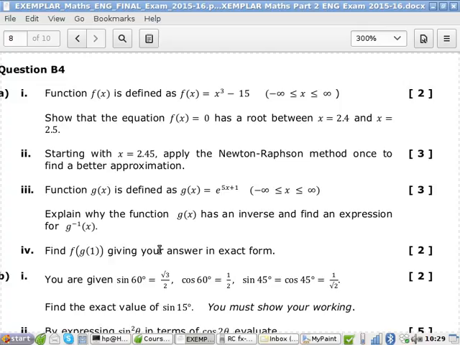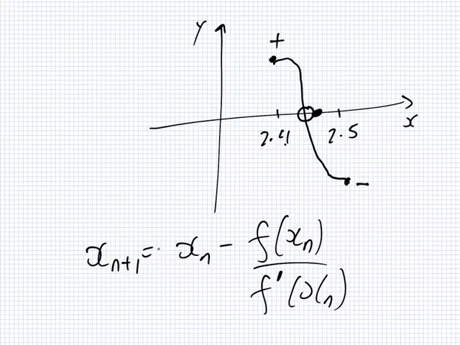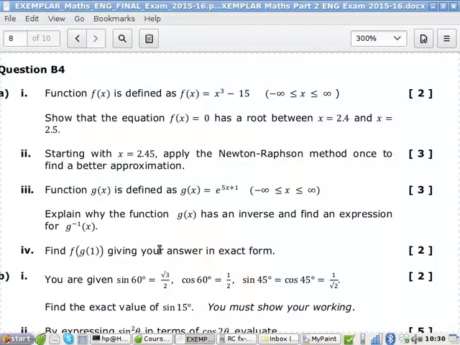You mean for the Newton-Raphson? Yeah. What did you get? 2.54. No. Why? No, because you just proved previously the root is between 2.4 and 2.5. So it should not go outside of this. Did you have the signs right? Did you have minus? Alright. Use brackets.